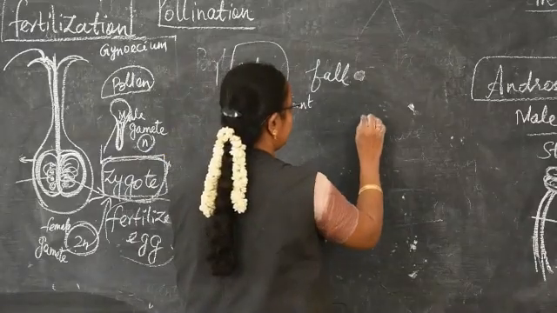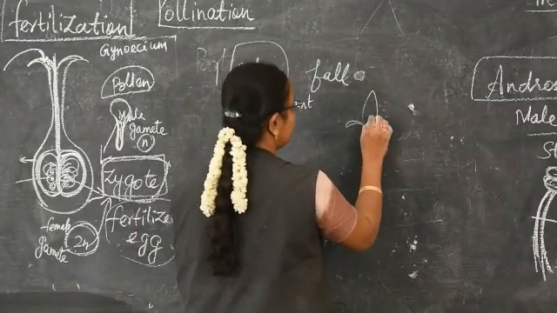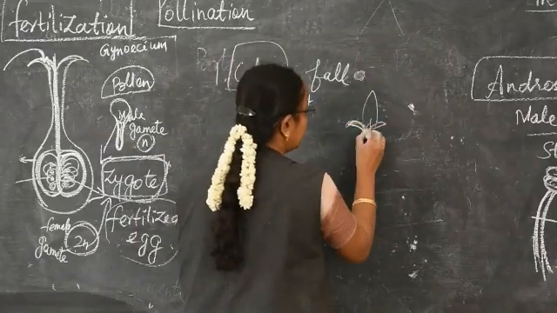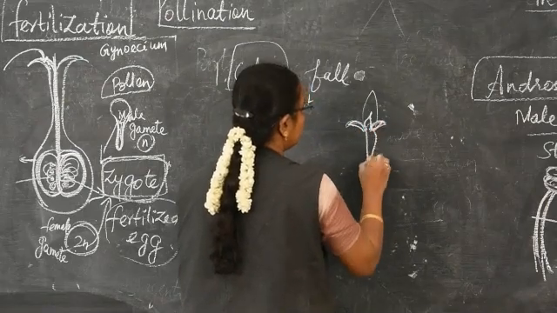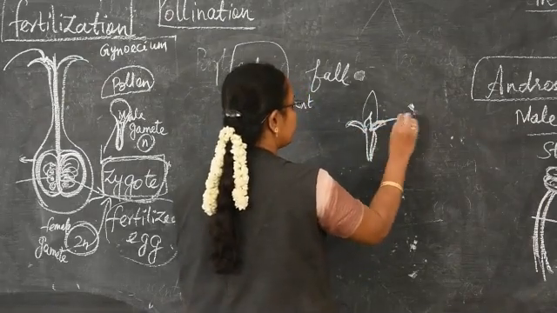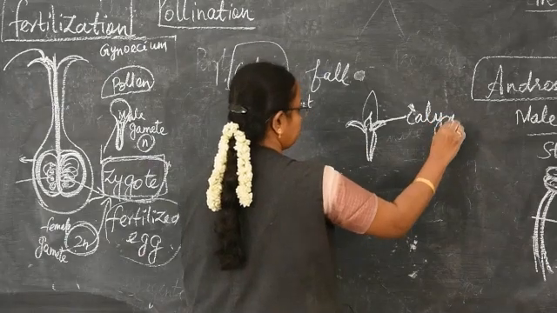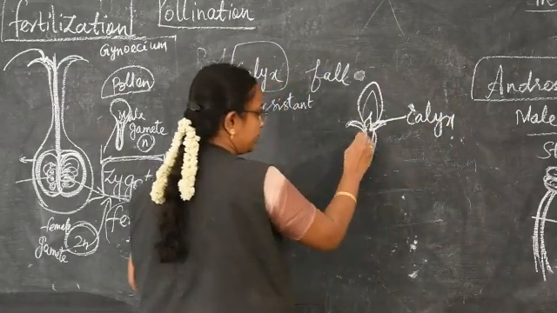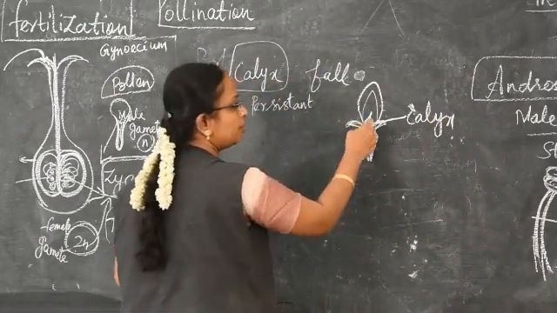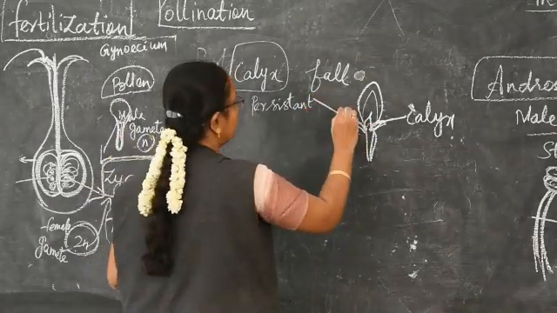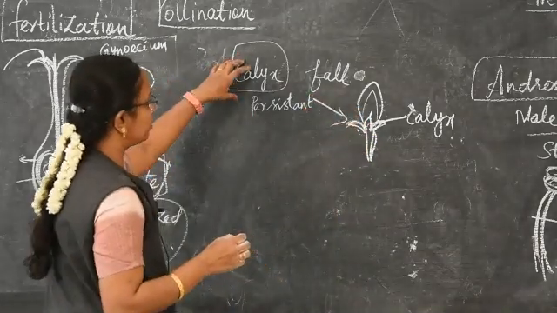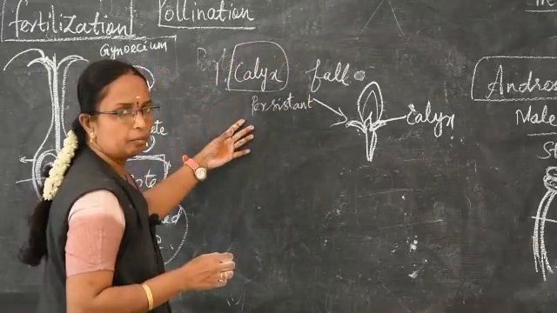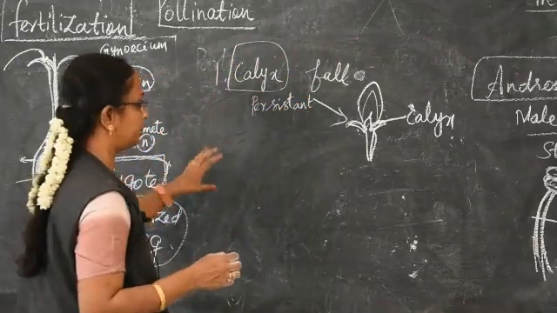For example, if we take brinjal, we may find the green colored portion above the fruit, below the fruit, that is known as calyx. So the calyx may remain persistent in some of the parts. So, after fertilization, the calyx may either fall off or remain persistent in the flower itself.